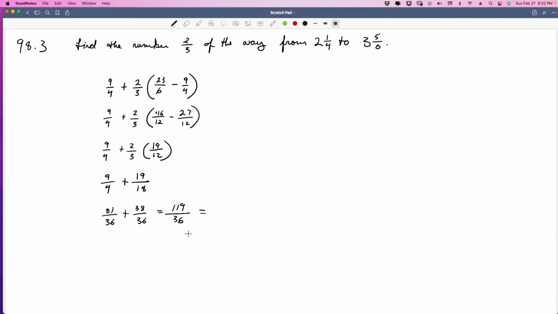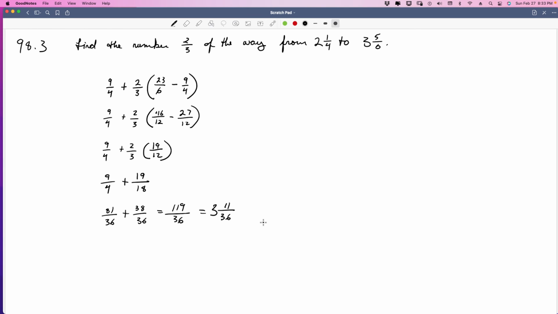And if you wanted to put this into mixed number form, you could, and I believe that would be 3 and 11 over 36 remaining, because 3 times 36 is going to be 108. Yeah, that's right, 108.